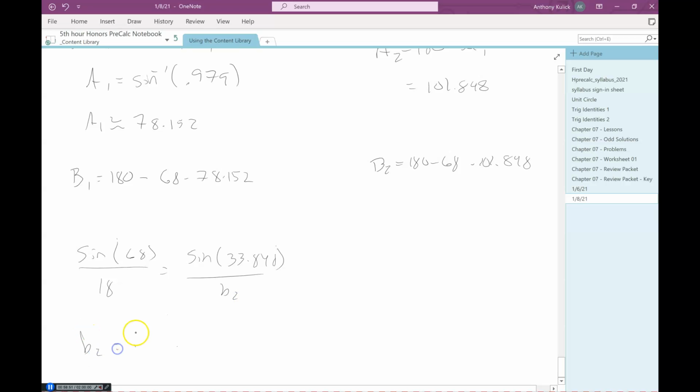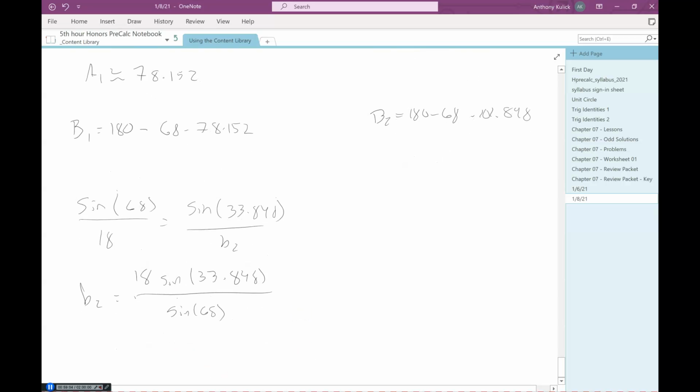So B2 is 18 sine 33.848 over sine 68. That looks better. So that should be about 10.813.